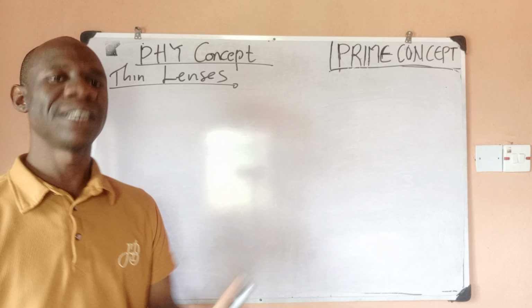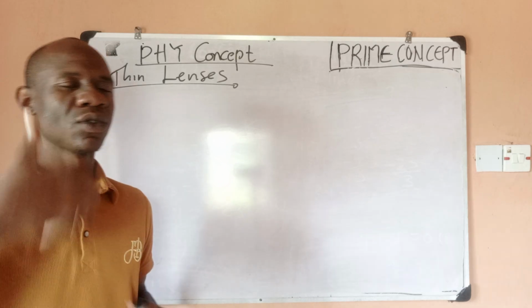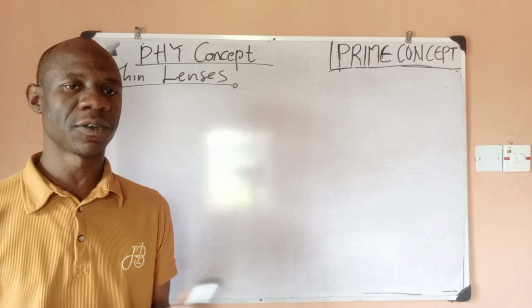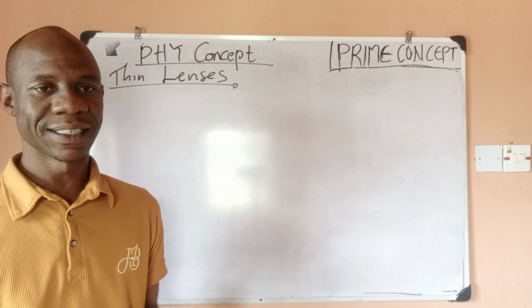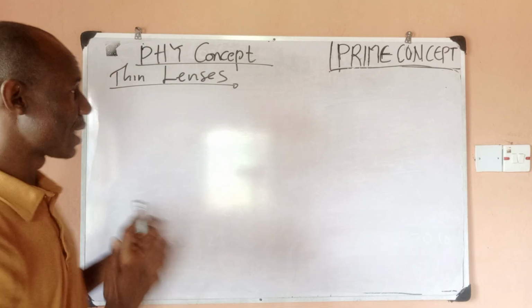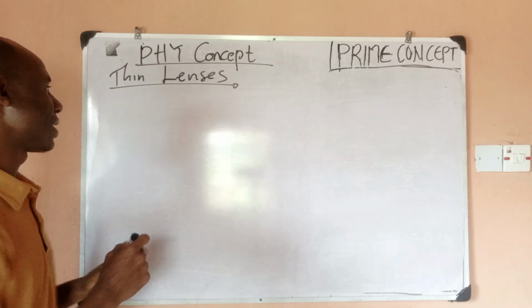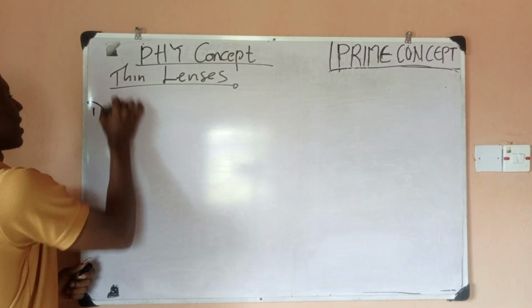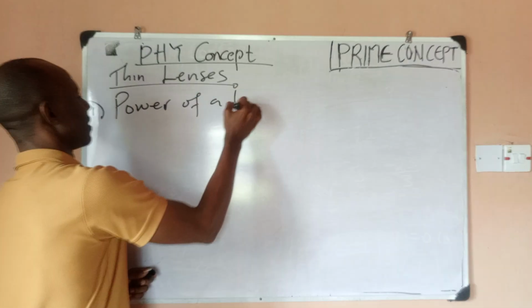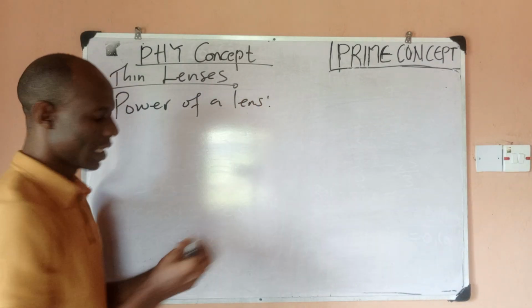We explained these two lenses. We're able to draw the diagrams for the different image formations on these lenses. We looked at the formula that is used for lenses. Now in this video, we want to consider a term which we know as power of a lens.